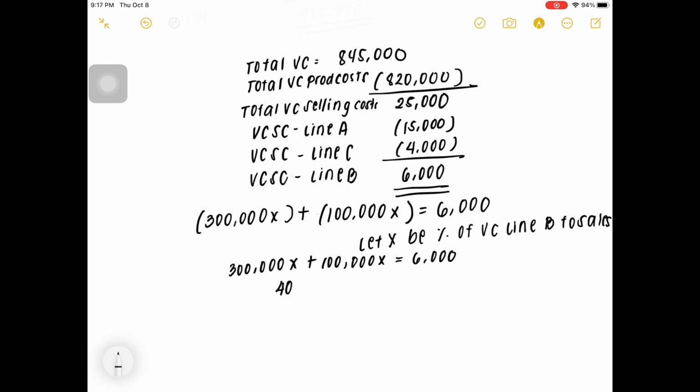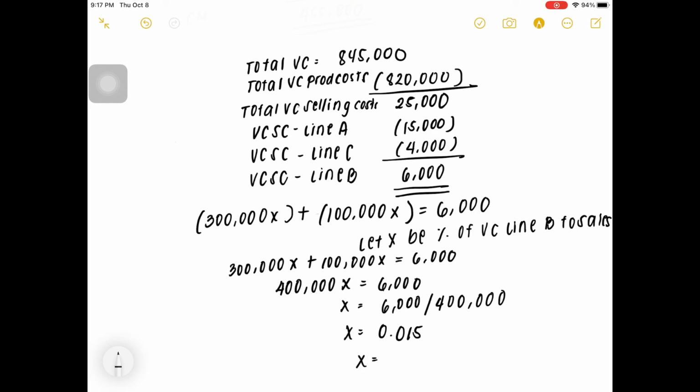So 400,000x is equal to 6,000, and the value of x is 6,000 divided by 400,000, which would give us 0.015, or simply 1.5%.